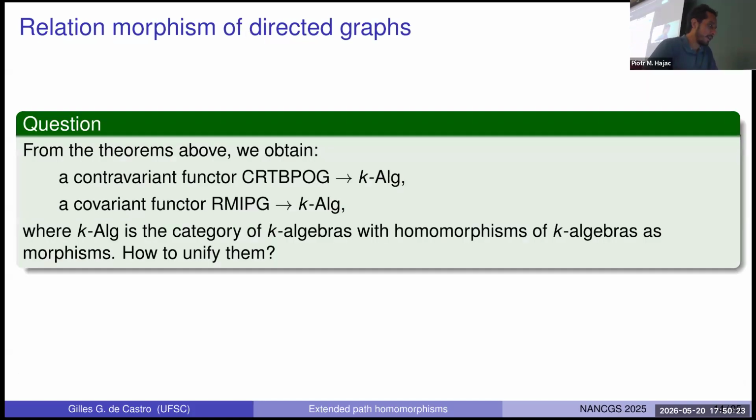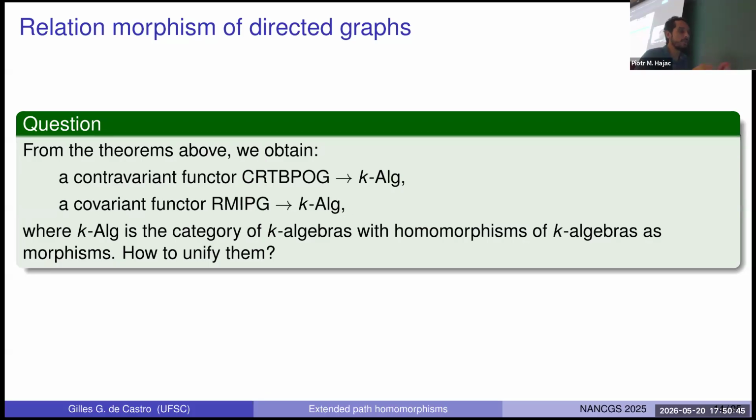Okay, so this is where I entered the project. One of the questions that we had is, okay, we have two functors. One is a contravariant functor, another one is a covariant functor.